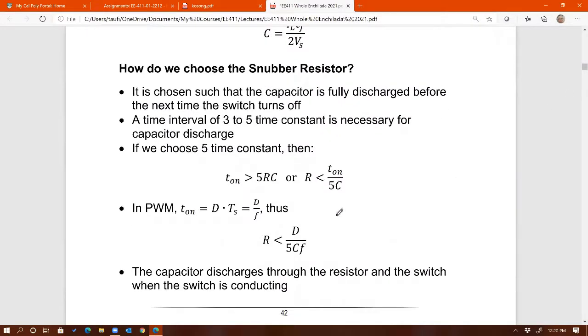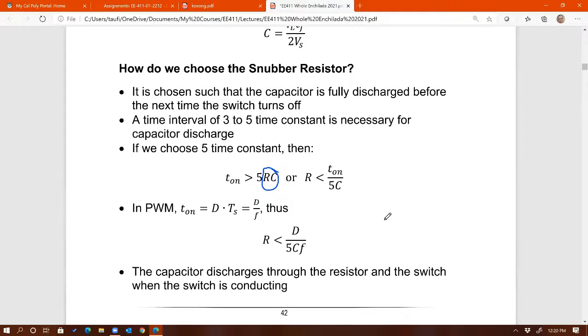Oh, we also did this, I believe. We did the equation for the snubber resistor. We want to make sure that when the switch is fully conducting, we fully discharge the capacitor. So that's why we are using the RC time constant, because that's what you are dealing with. When the snubber is discharging, the circuit that you have on the snubber is an RC circuit.